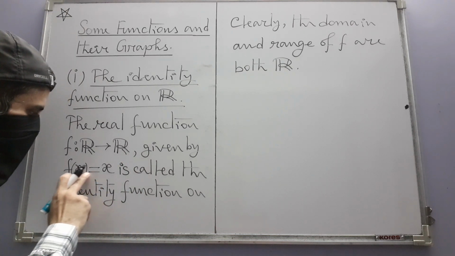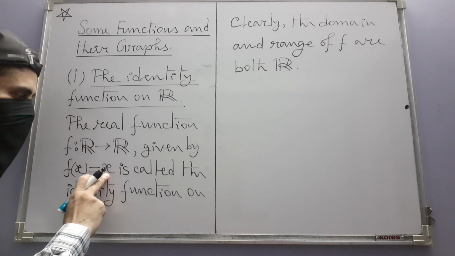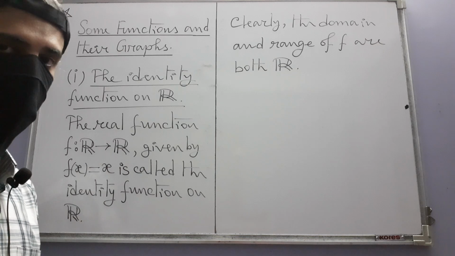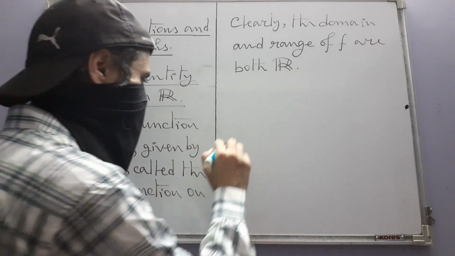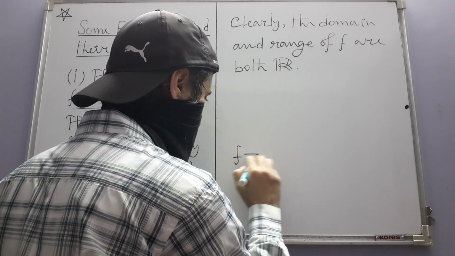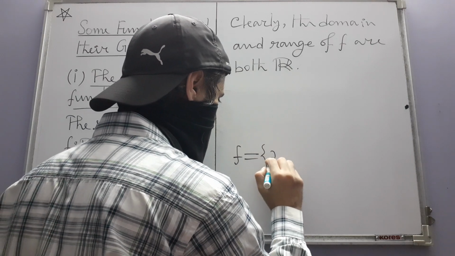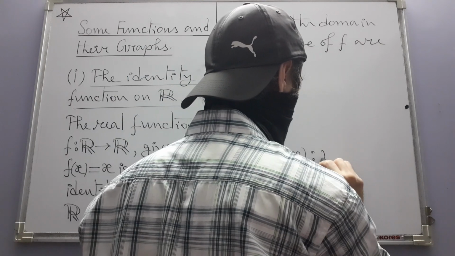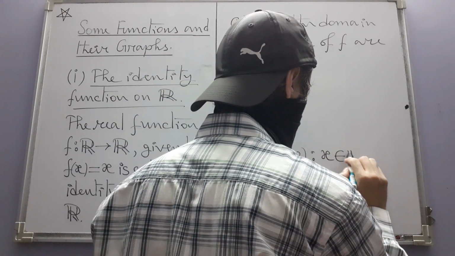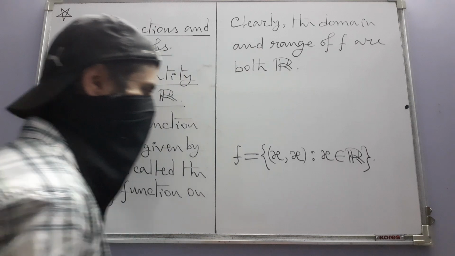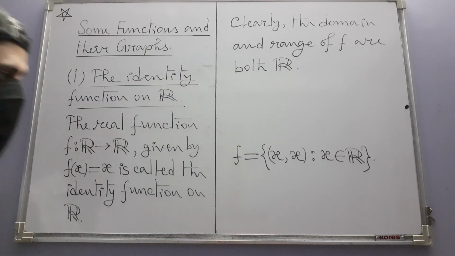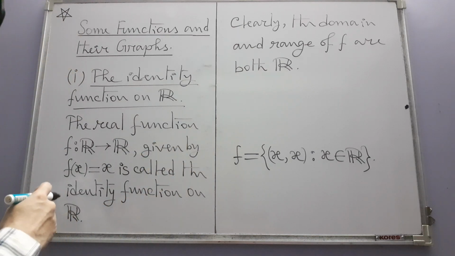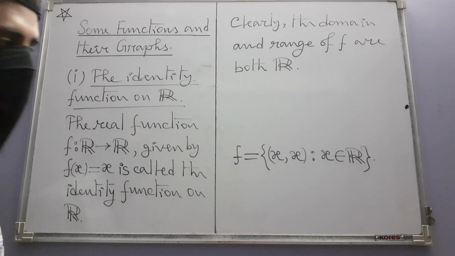Now, if you look at the relation, the rule that defines this function, and you try to write F as a set of ordered pairs, how will it look? It's going to look like this. Right? Because here you should write f of x, but that according to this rule is nothing but x.